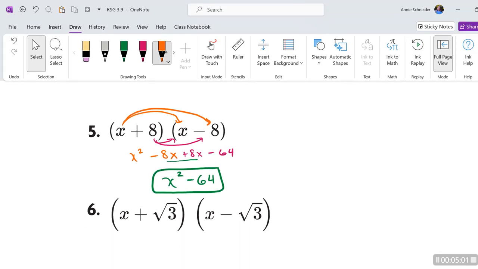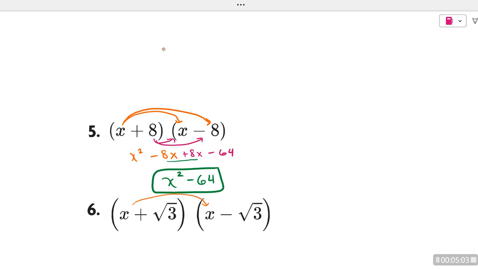Let's go down to problem 6. So x times x gives us x squared, and x times negative root 3 gives us negative root 3x. Okay. Positive root 3 times x gives us positive root 3x, and you can put the x in front if you want. And then negative root 3 times positive root 3, so negative times positive is going to be a negative. Root 3 times root 3 just becomes 3.